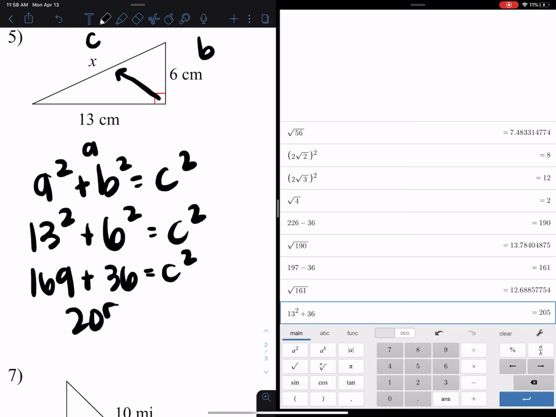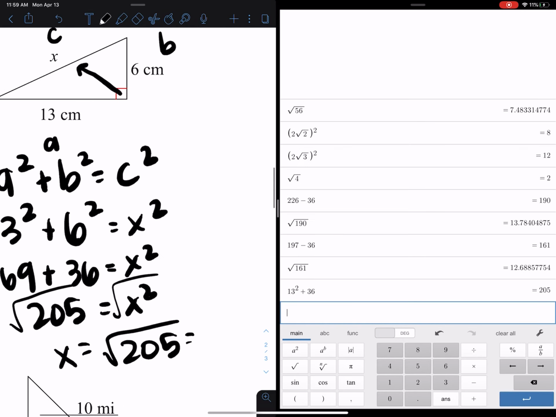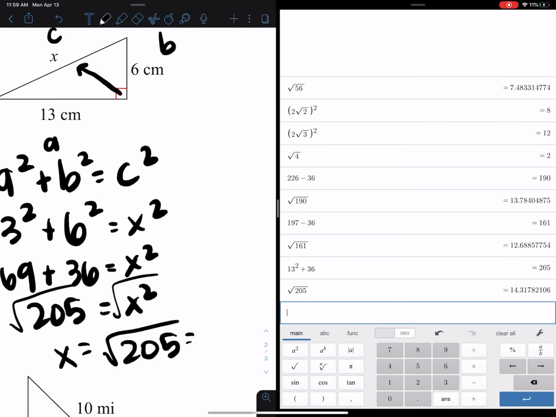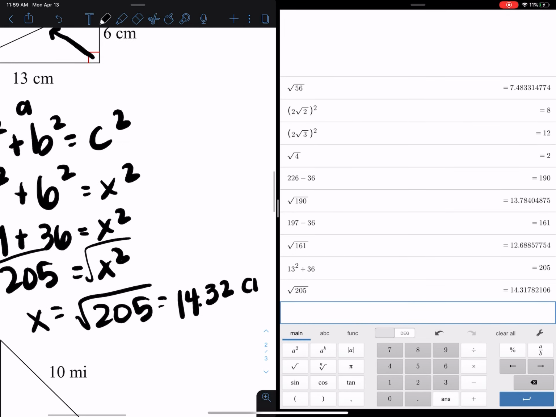So we get 205 equals c squared. Or x squared, I guess I should have written here. I'm going to erase those, and I'm going to put x instead. So we want to take the square root on both sides. So we get x equals the square root of 205. And that tells us that it's 14.32 centimeters.